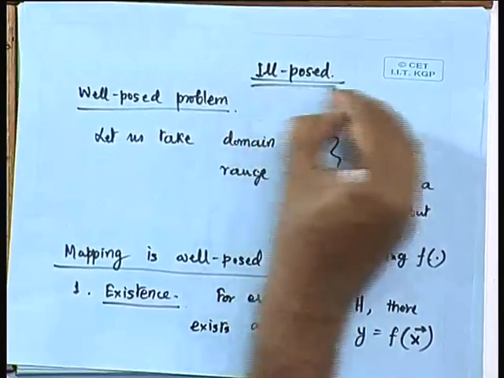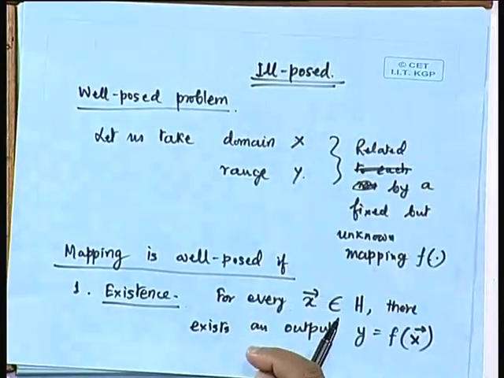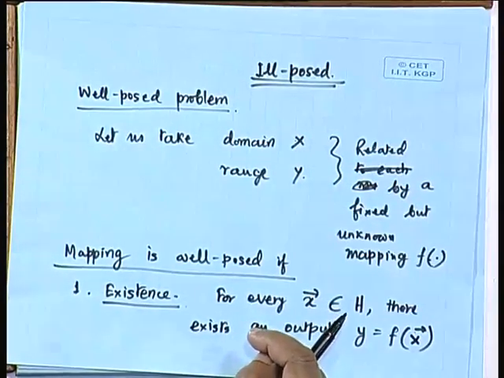And let us see whether the problem at hand, that is to say the surface reconstruction problem using the radial basis function, is a well posed or an ill posed one.